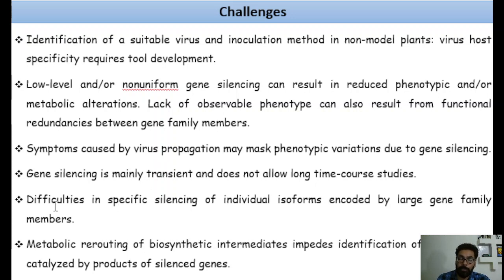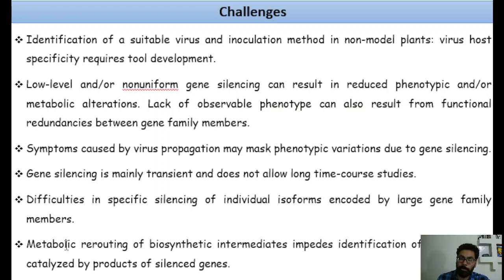Then specific silencing of isoforms. If one gene has many isoforms, there will be difficulty in identifying a unique region in that particular gene. Therefore, those genes cannot be studied by virus-induced gene silencing.